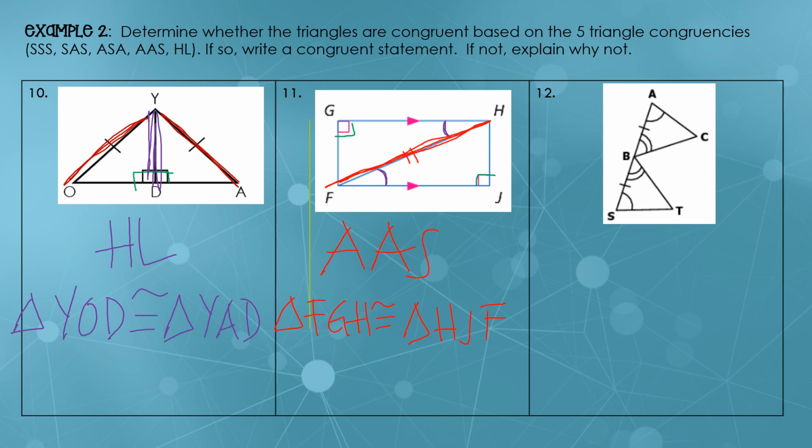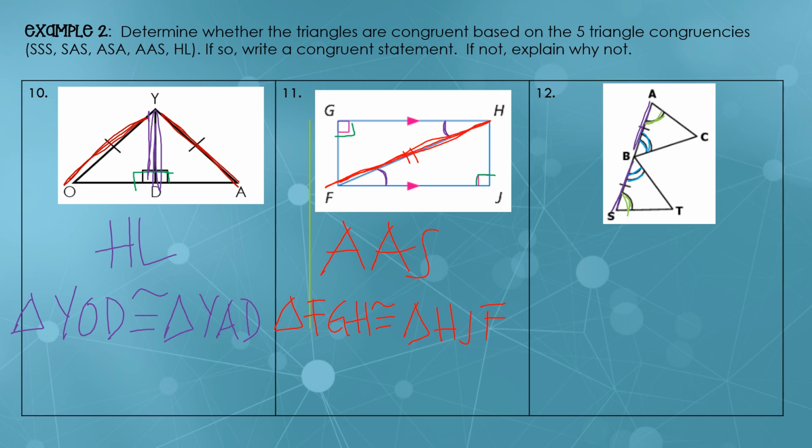All right, finally, we have two angles. We have angle A and angle S. We have angle B and angle, well, we can't call it B, but SBT and ABC. And then we have a side AB and BS.